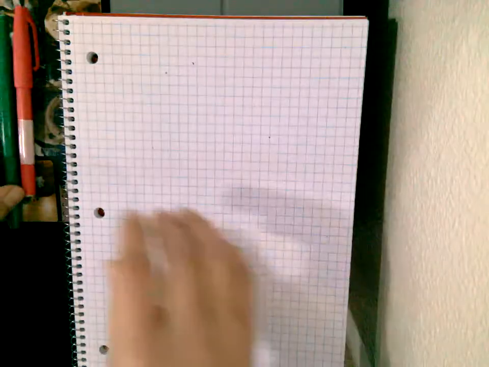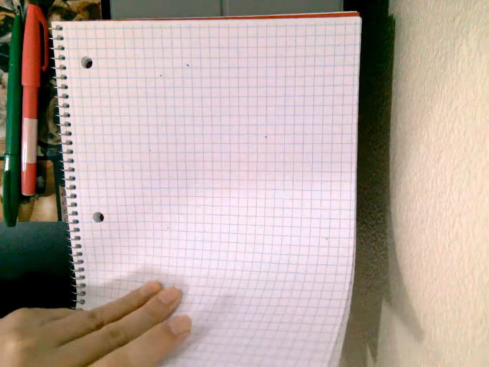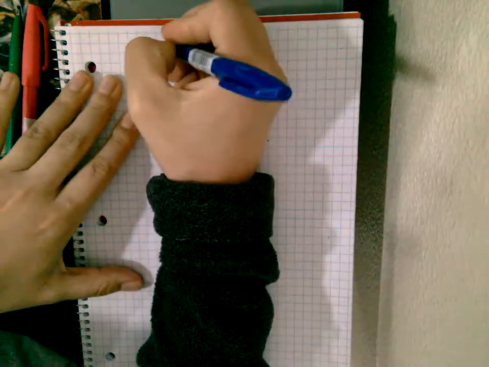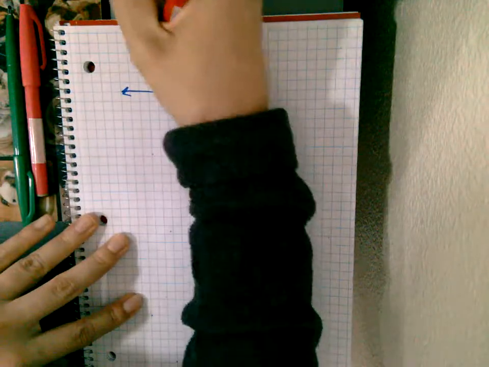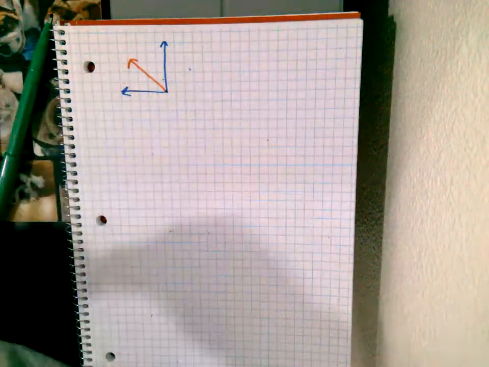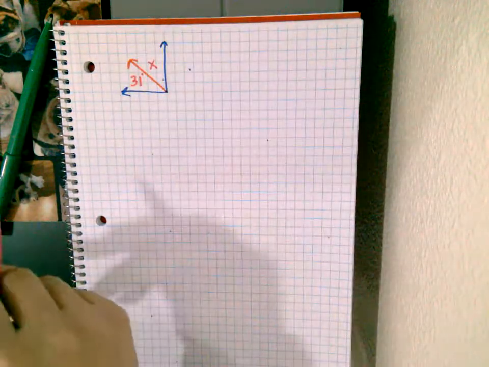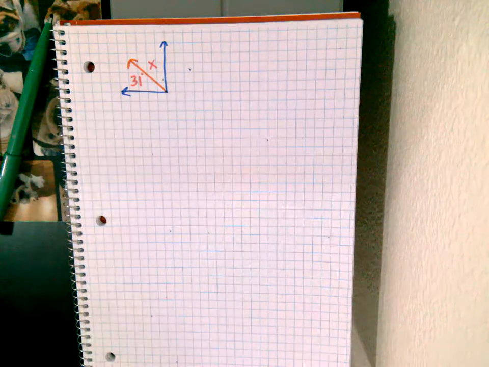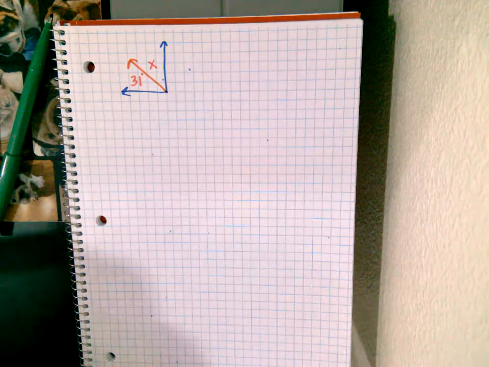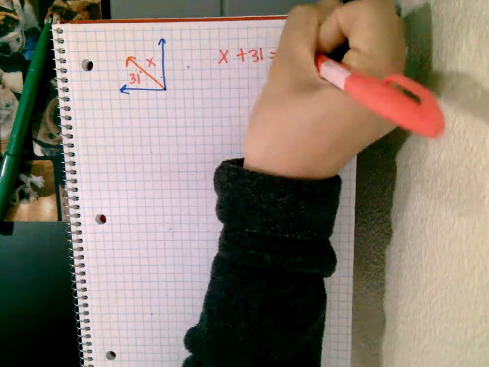All right, let's try another one. Let's say we have x and 31 degrees. So we have x plus 31 equals 90 degrees.